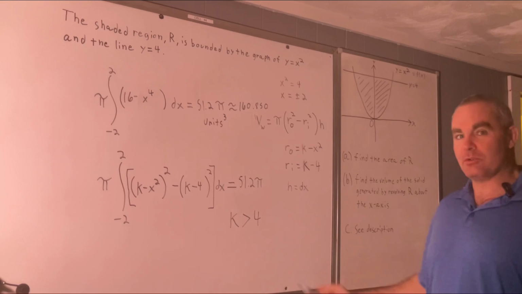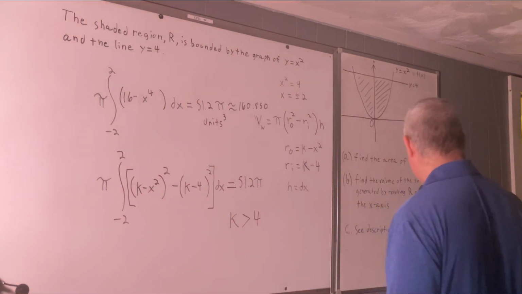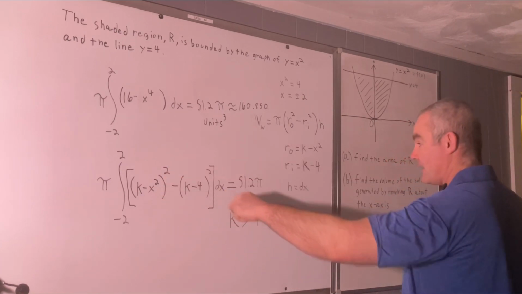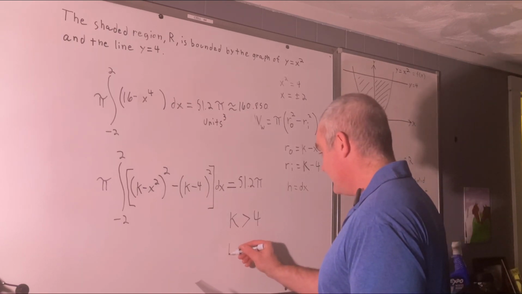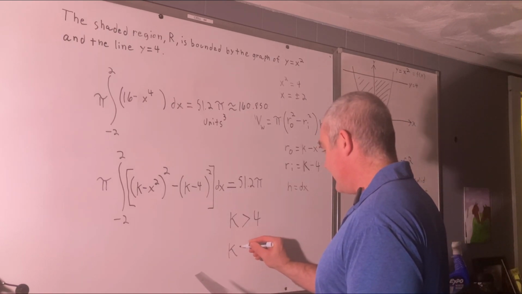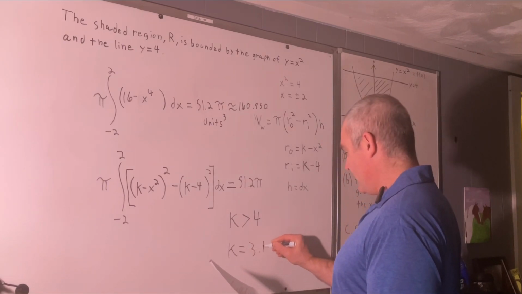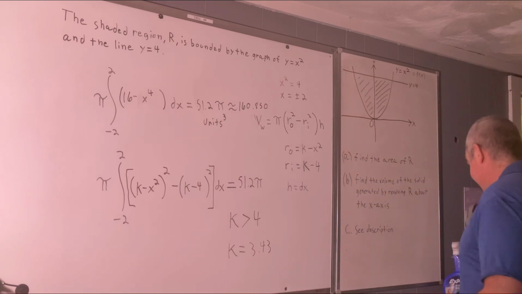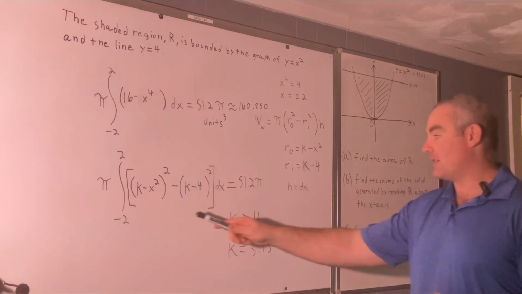There is no such value k greater than 4 that satisfies this equation. There is only one solution for k to this equation, and it is approximately k is equal to 3.43. That's actually the only value for k that would satisfy this equation.